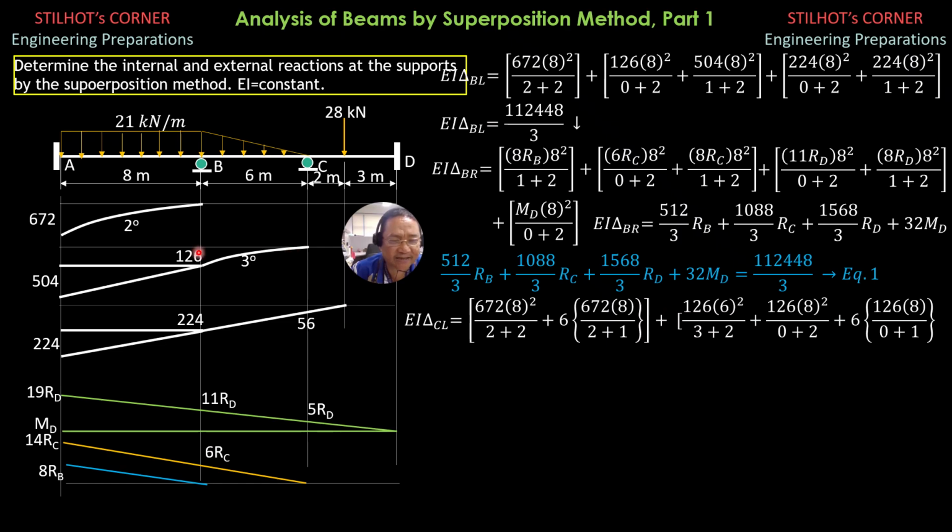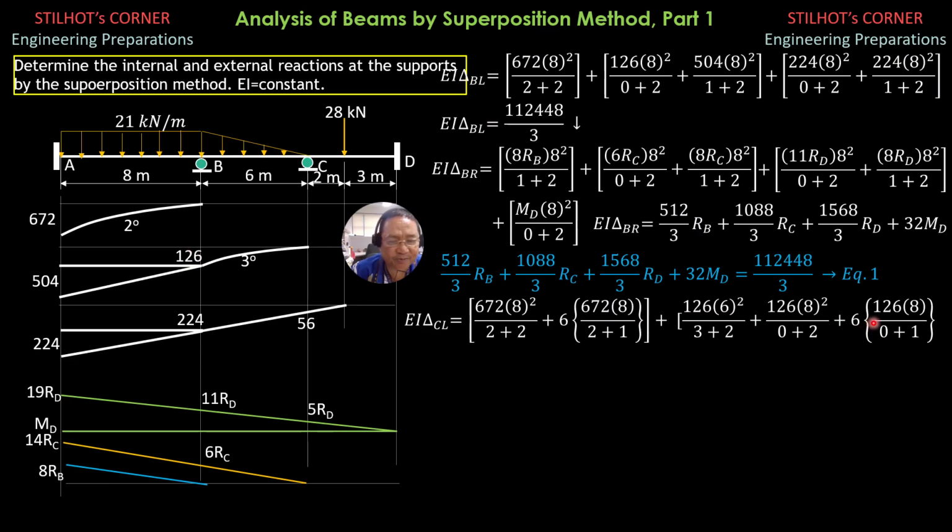126 length 6 squared over degree 3 plus 2 due to deflection. This couple will have deflection at C and slope, deflection due to additional slope. So 126 length 8 squared over 0 degree plus 2, and due to the slope 6 times theta B due to this couple load, couple moment.